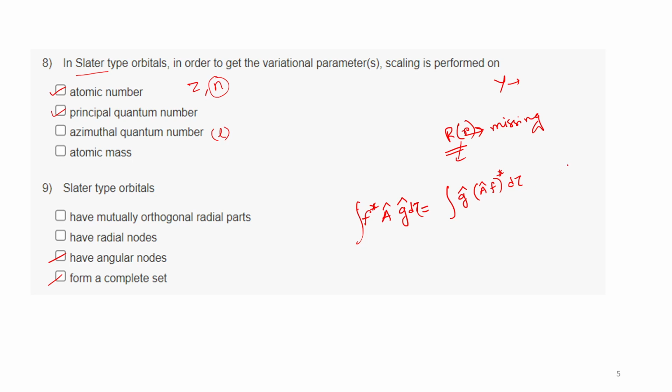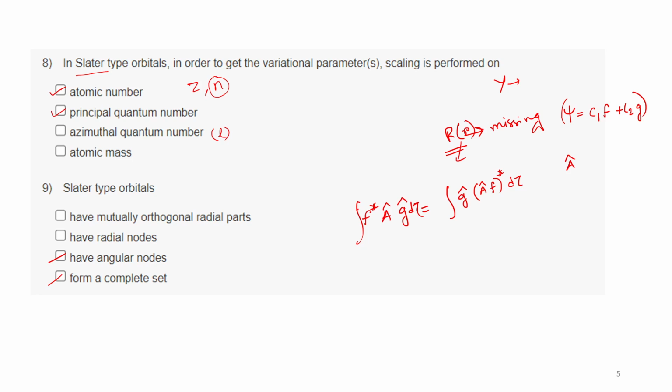We are taking A as a Hermitian operator, and our main doubt is whether psi, which equals C1 f plus C2 g, is an eigenfunction of A or not. I tried to check Levine. They did not mention directly that psi is an eigenfunction, but it should be.